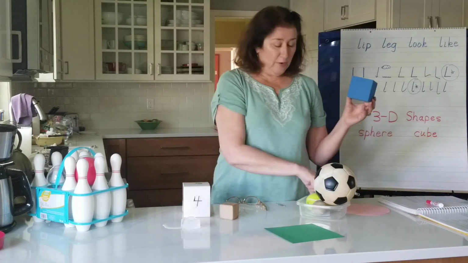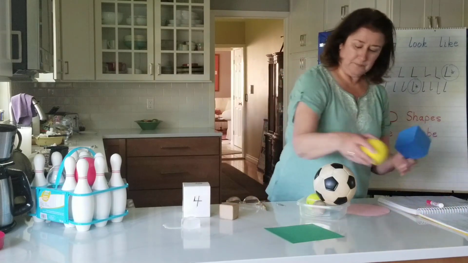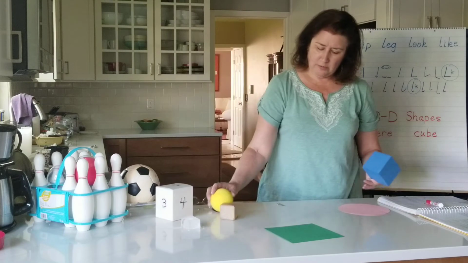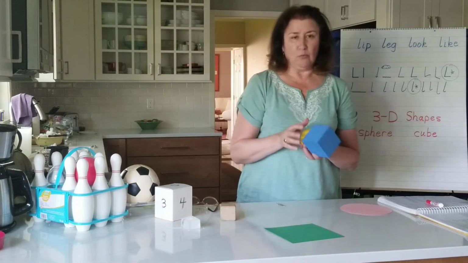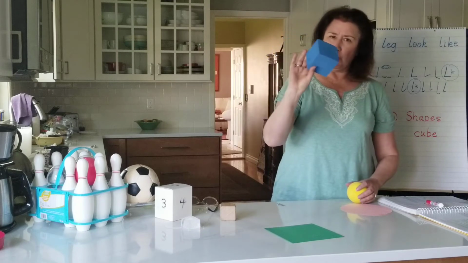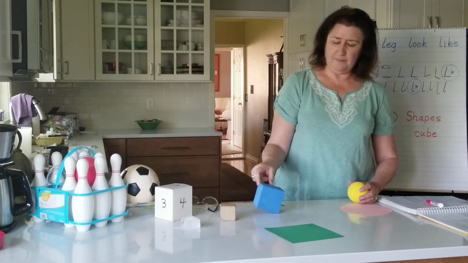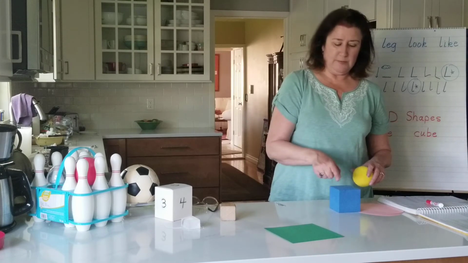So, with the sphere, I could roll it, right? Can you see me rolling that? With the sphere, I could roll it. Can I roll a cube? Is it gonna roll? Let's see. No, it doesn't roll.